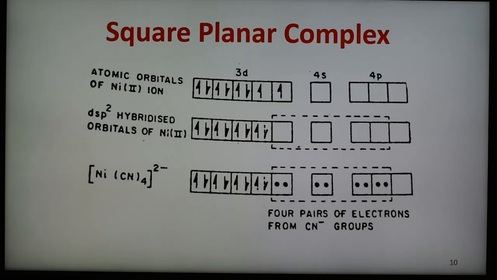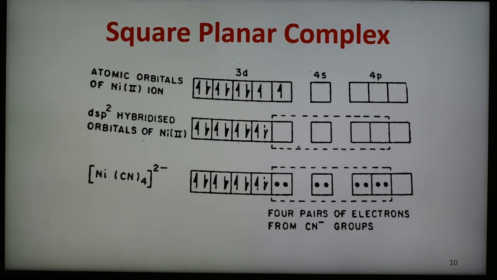So today we have discussed the formation and structure of complexes on the basis of valence bond theory, and here we have taken the examples of octahedral, tetrahedral and square planar. In case of octahedral, we have already discussed outer orbital complex and inner orbital complex depending upon the use of d orbitals, and also in case of coordination number 4, whether the complex is sp3 or dsp2, meaning tetrahedral or square planar.